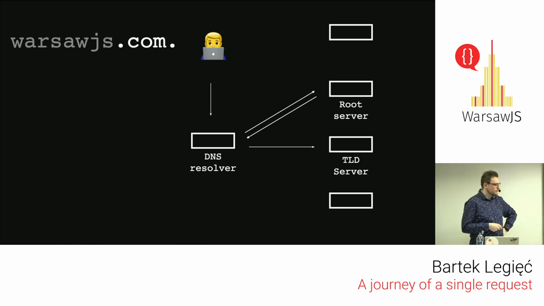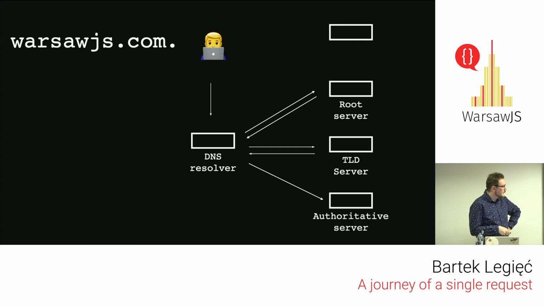And it says, well, I know I am the .com, so WarsawJS is handled by yet another server. So it says, okay, it's another server, you handle it. So it says, okay, I'm going to handle it. And it asks the authoritative server, so it's the server at the very end that handles all of these domains.